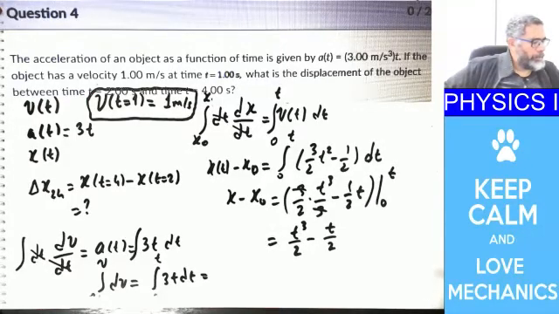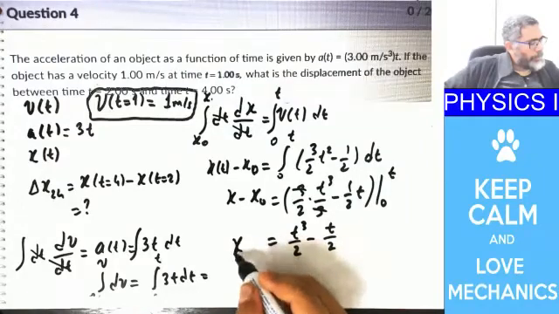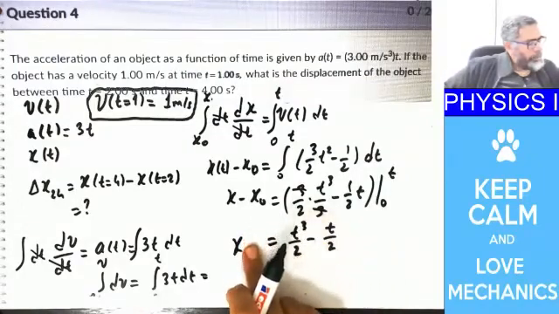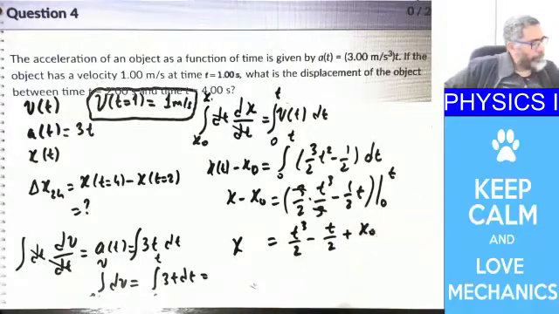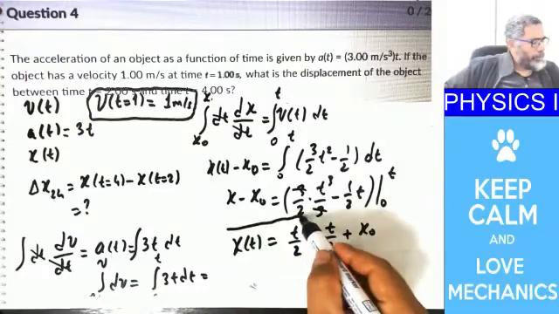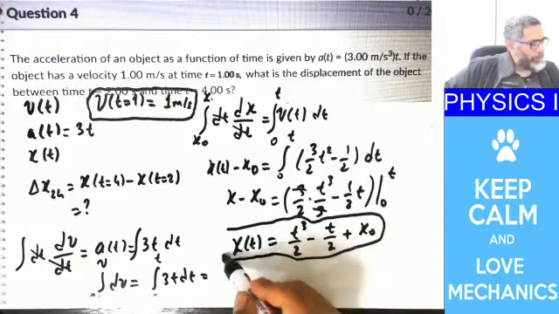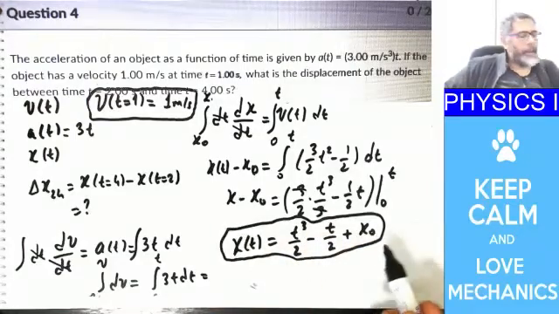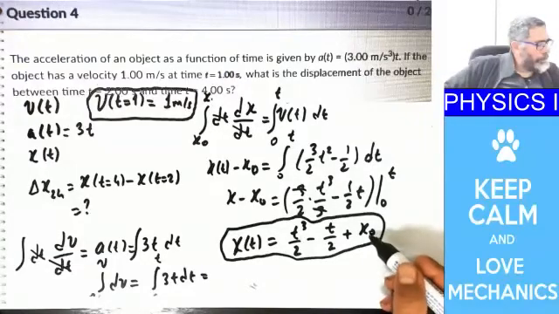Now, what you get is x minus x0, which can be put on the right-hand side as plus x0. And this is x of t. We just get the position of this object as a function of time. Well, you might tell me, what is this x0? You don't have any knowledge about x0.